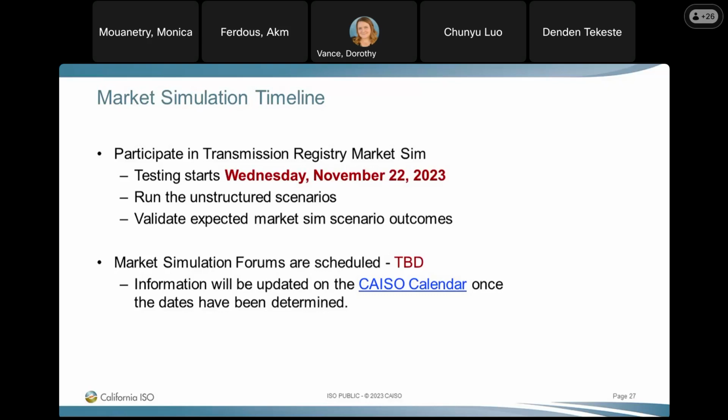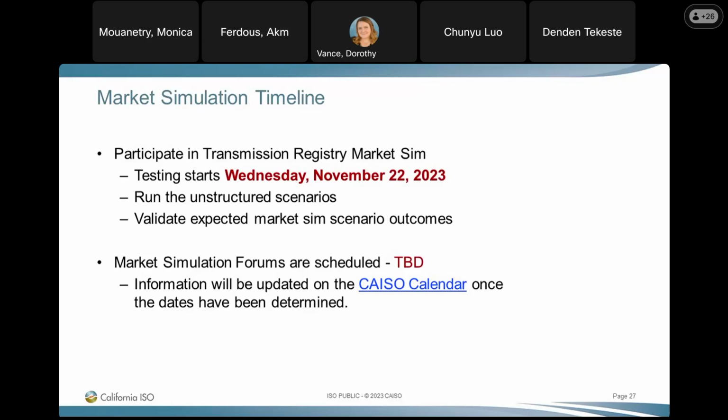In terms of the market sim forum, usually for market sim we have a forum specific to the release of the project. In this case, there is no set forum for this, but we will have a market sim for other releases, other projects, and it will be open to you to have an opportunity to join those market sim forums later this year. And you can bring up questions related to TR, but there's no set market sim specific to the transmission registry.